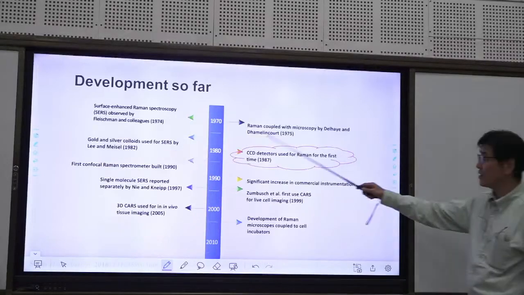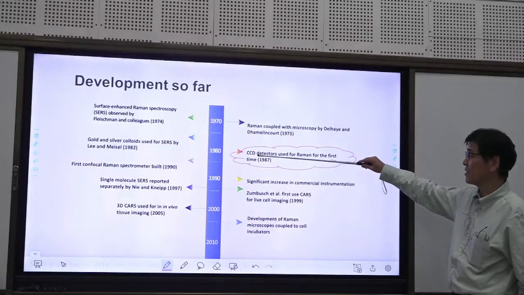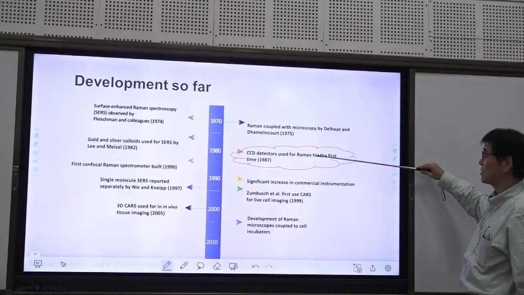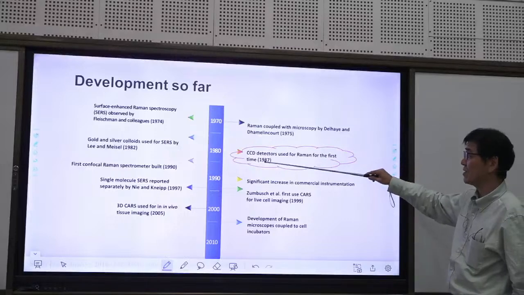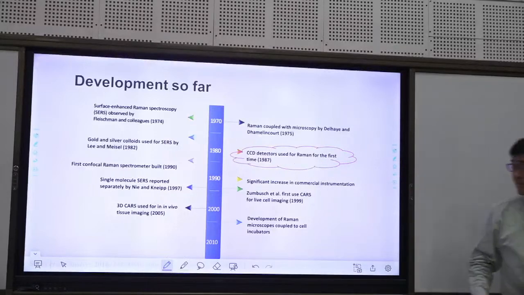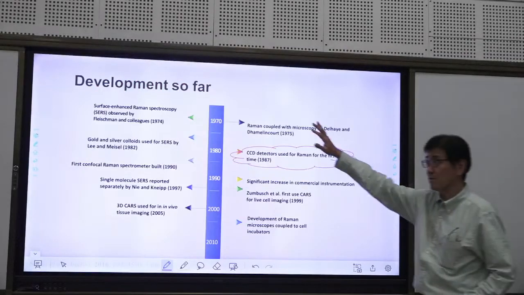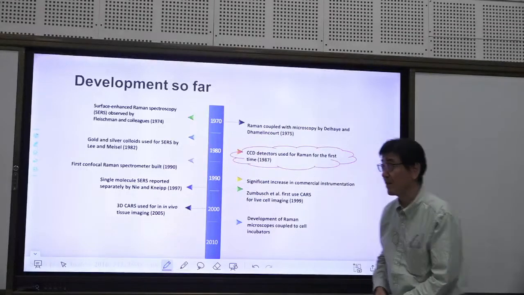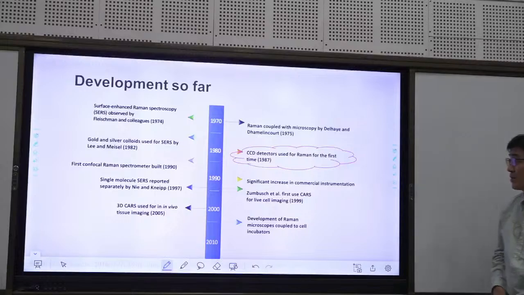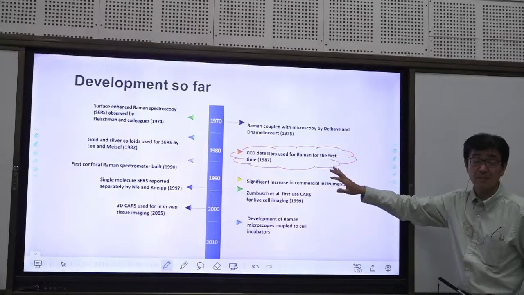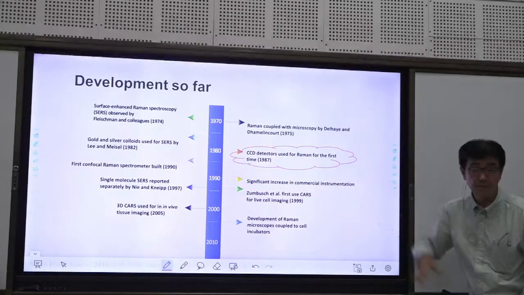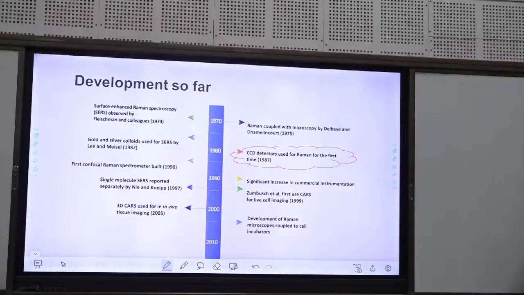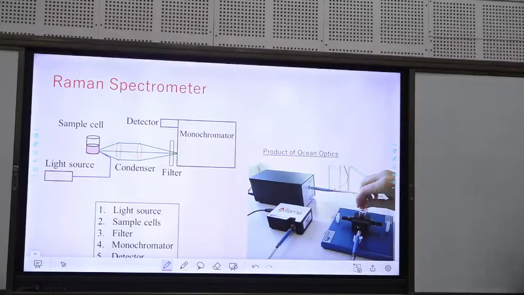Also, CCD detectors were used for Raman spectroscopy for the first time in 1979. So, I cannot cover all of the topics about the development history of Raman spectroscopy. There are other important keywords, but today, I talk about instruments.